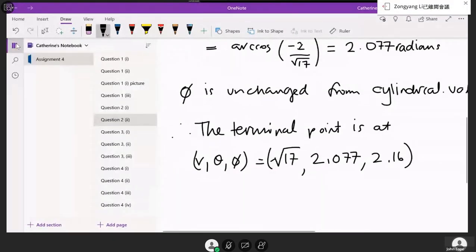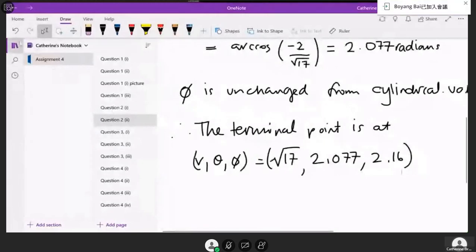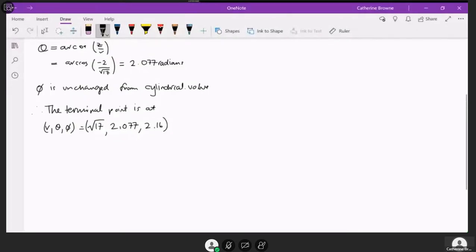So does theta go from the z-axis down to the y-axis in that diagram? Yeah, maybe I'll draw that again.